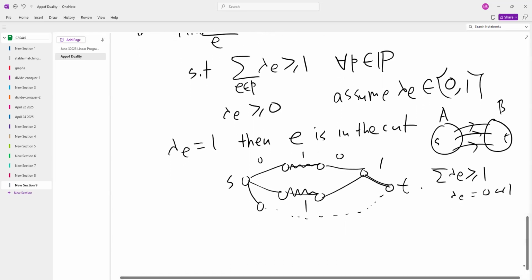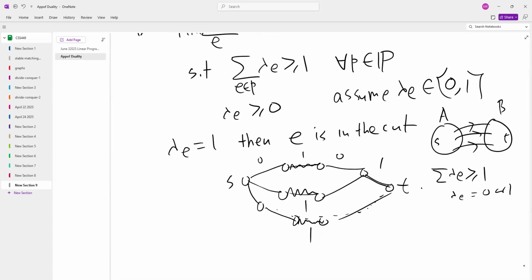I can choose multiple; I can even choose this one, it doesn't matter. But now, let's say this is the last path, and I choose this one to be 1. I could choose more, but I'm just going to choose one. For the constraint to hold, it's okay if the sum is equal to just 1.